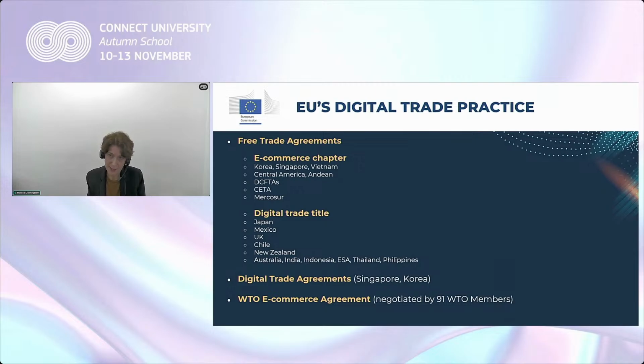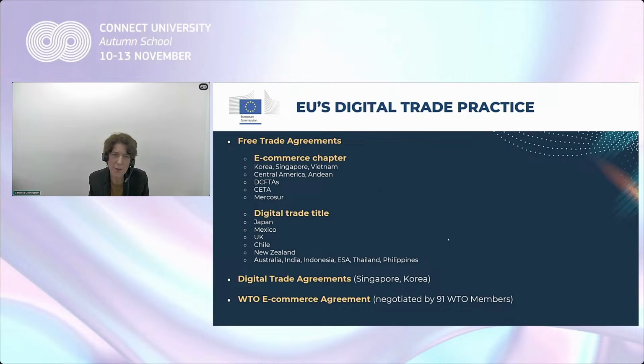We do have separate digital trade agreements with Korea and Singapore, a separate agreement called a digital trade agreement, but it is linked to the previous FTAs concluded with those countries. So it's not entirely self-standing.